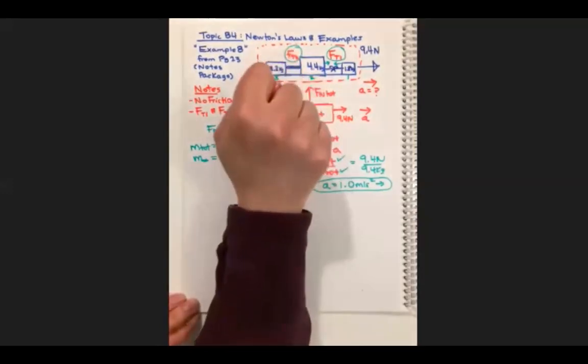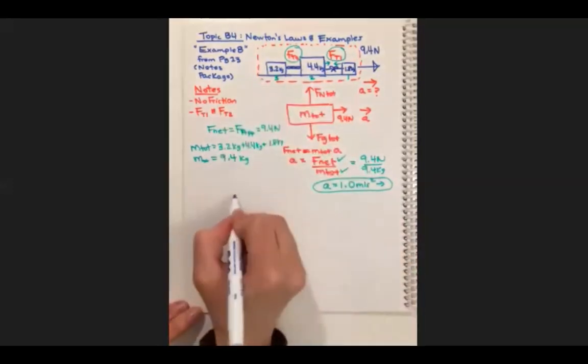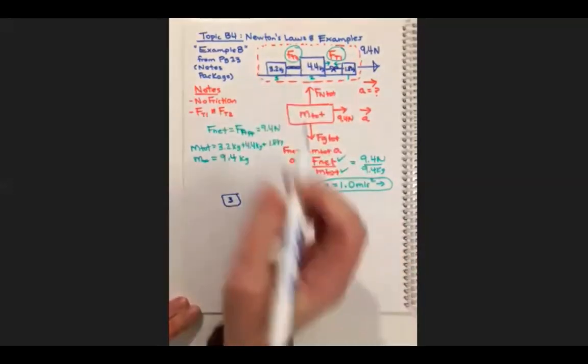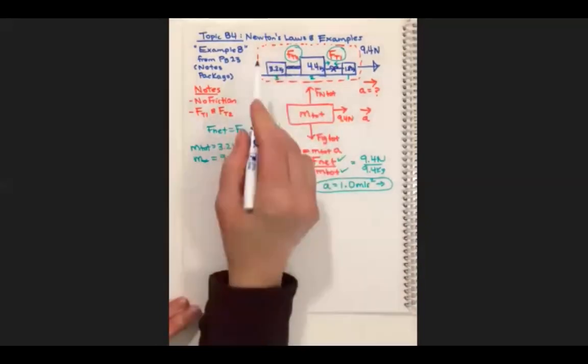Finding forces in between two objects, whether it's a pushing or a pulling problem, it's always easiest to work with the FBDs of the outer objects and then move inside to the middle if you need to. So object number 3 is the 3.2 kilogram object.